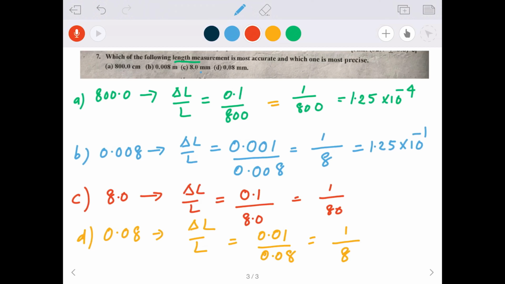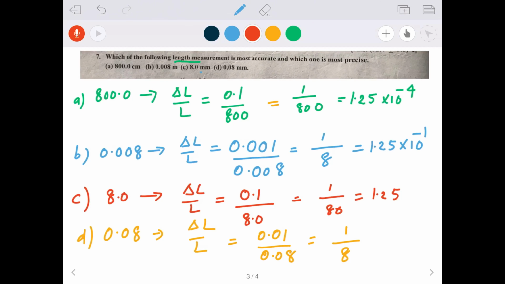And for C, 1 by 80, the power is one less than the first quantity, with 1.25 the same, that is 1.25 into 10 to the power of minus 2 will be coming.